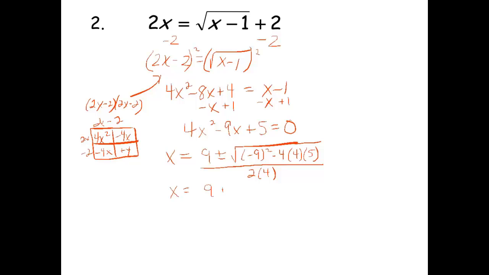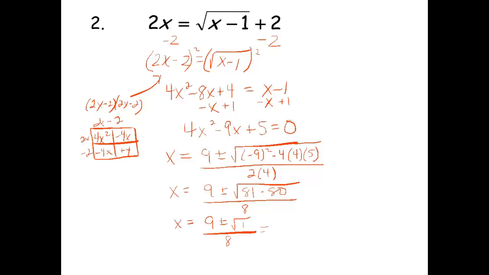So we have 9 plus or minus the square root. That's 81. Let's see, 16 times 5 is minus 80. Divide by 8. And the 81 minus 80 is 1. So if you used your calculator, hopefully you went right to the 1.